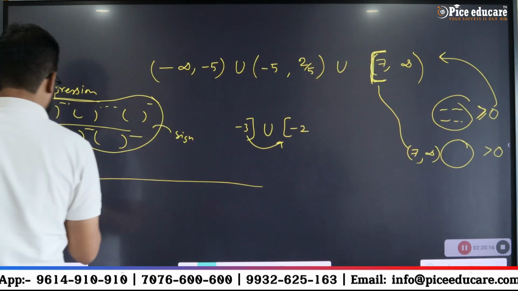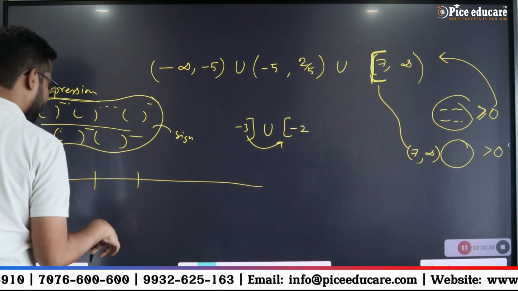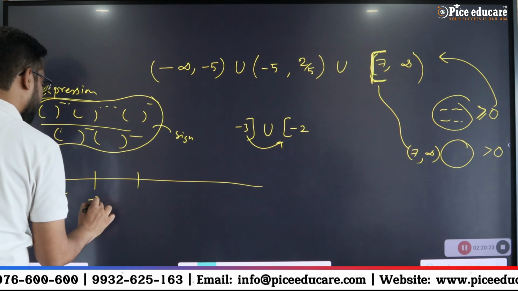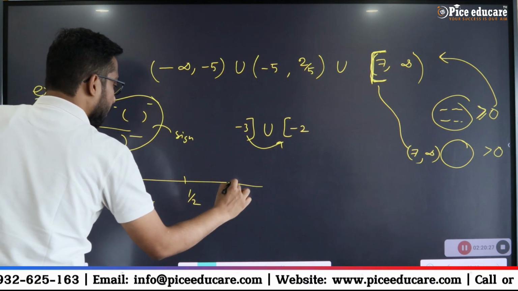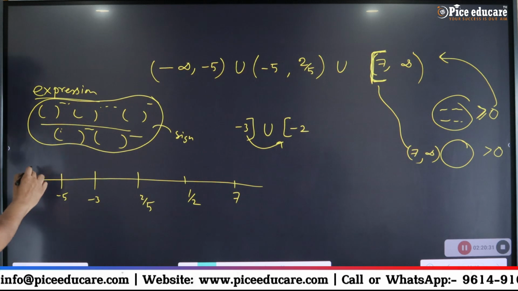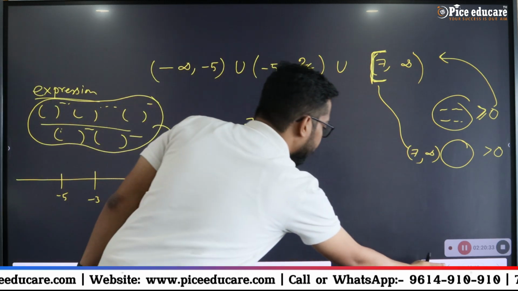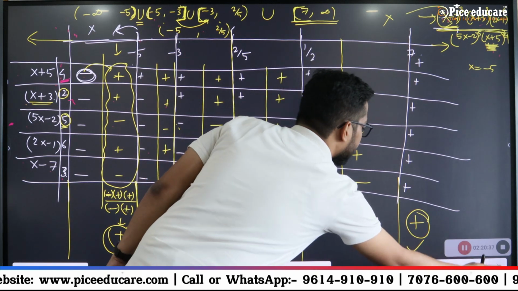Once you put all your values, minus 5, minus 3, minus 5, minus 3, 2 by 5, half, 7, what was the order again? Plus plus plus minus minus plus.